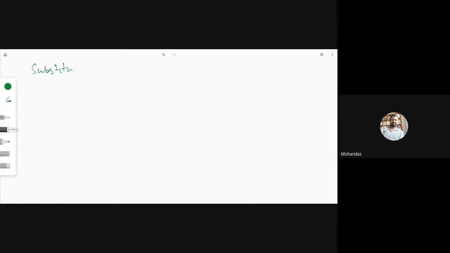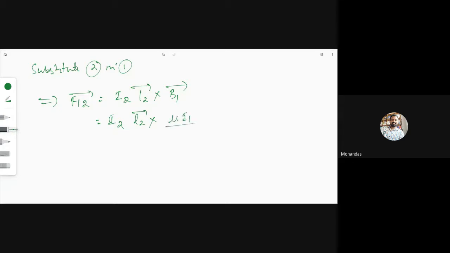Substitute 2 in 1, which implies F equal to I2 L2 cross B1, which is I2 L2 cross mu into I1 by 2 pi d AZ cross AX. So I2 L2.